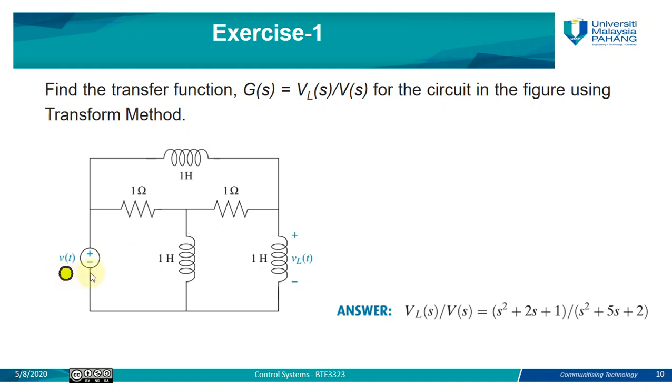So V(t) becomes V(s), VL(t) becomes VL(s). Also, we need to define the direction of the current in each loop. So we have here I1, I2, I3, with the direction assumed either clockwise or counterclockwise, depending on your assumption. After you redraw the circuit, indicating these values, you are going to write the equations.